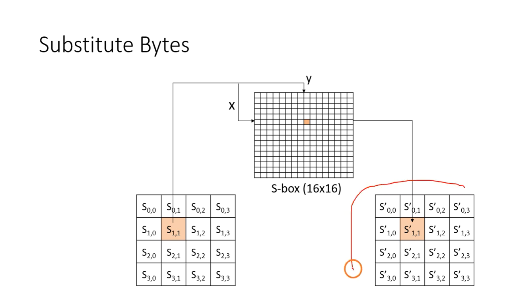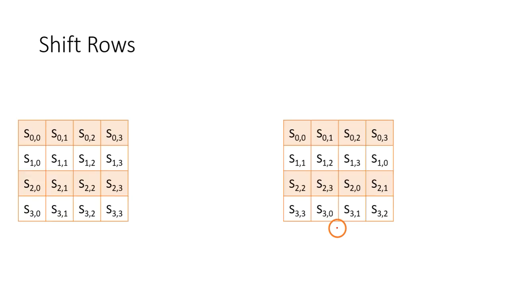So this is the input state and this is the output state. For each entry in the input state, a lookup is performed into the S-box, and the corresponding value will be placed into the output state. That's all. So this is substitute bytes.